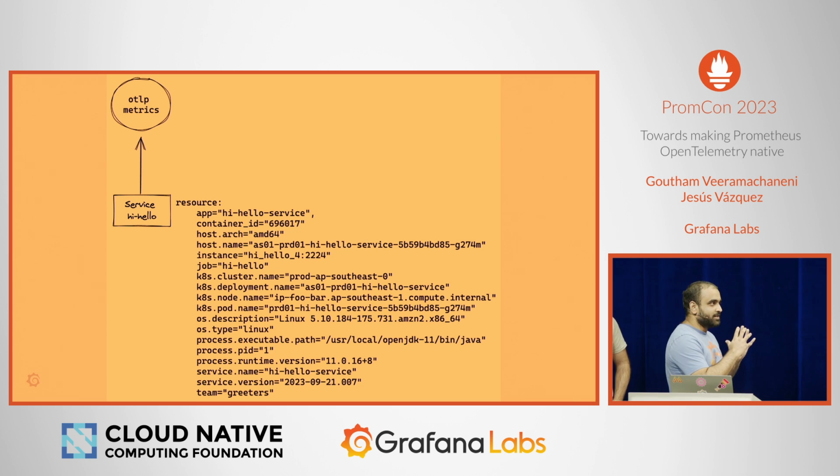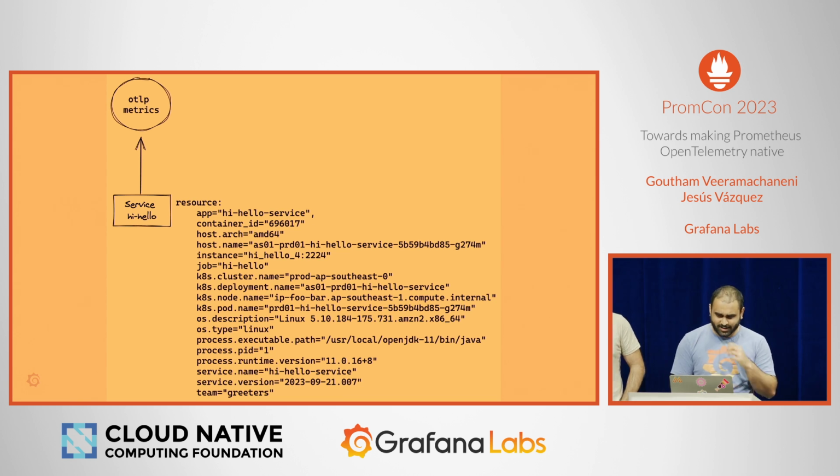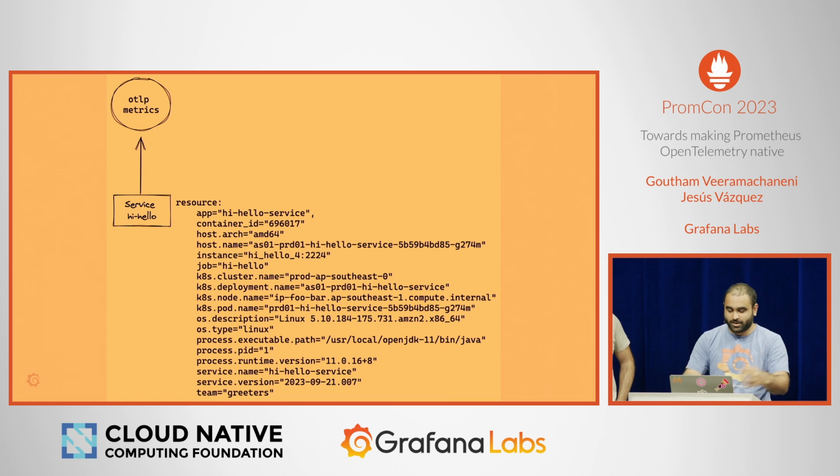When this service or instance pushes metrics, these are normal metrics with labels, but it says all of these metrics are coming from a service with these resource attributes. The resource attributes are like target labels in Prometheus, like Kubernetes cluster name, namespace name, and things like that. Cool. Now let's look at how the spec defines this to be stored in Prometheus.